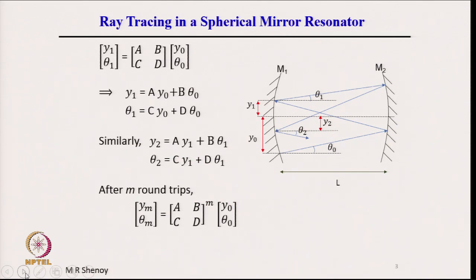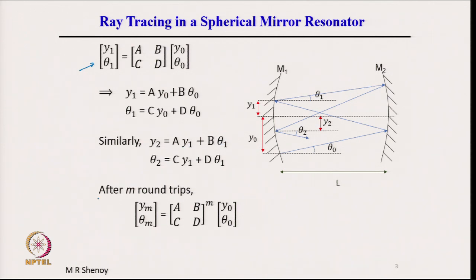Now, let us look at ray tracing in a spherical mirror resonator. As discussed, the ray coordinates y1 and theta1 after one round trip are given by the matrix equation. That means y1 is equal to A y0 plus B theta0, and similarly theta1 is equal to C y0 plus D theta0. We can take it to the next round, then y2 and theta2 are again given by similar expressions.